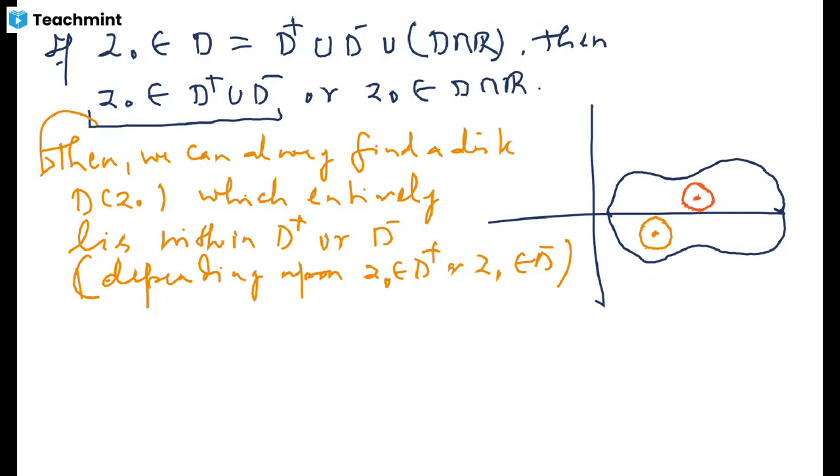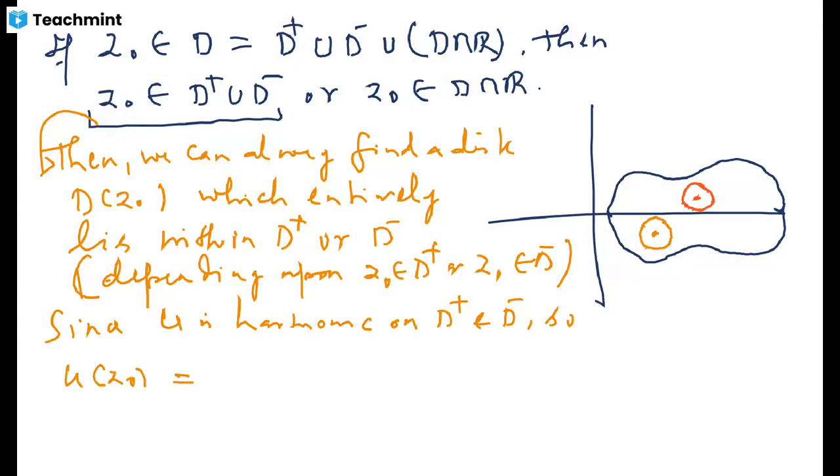But in both these parts your function is harmonic, and since u is harmonic on D plus and D minus, the value of u at z naught will be equal to the integral from 0 to 2 pi of u of z naught plus r e to the i theta, d theta upon 2 pi.